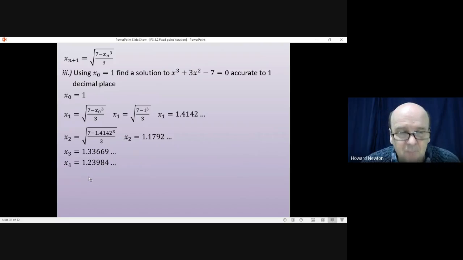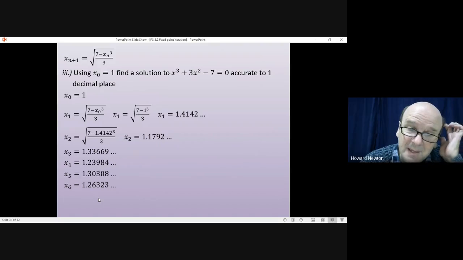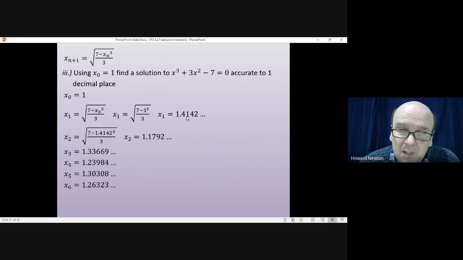Carrying on, x4 will be that, x5 will be that, x6 will be that. Now, this particular formula, it is converging, but much, much more slowly than the first formula that we looked at. We've only been asked to find the solution accurate to 1 decimal place.